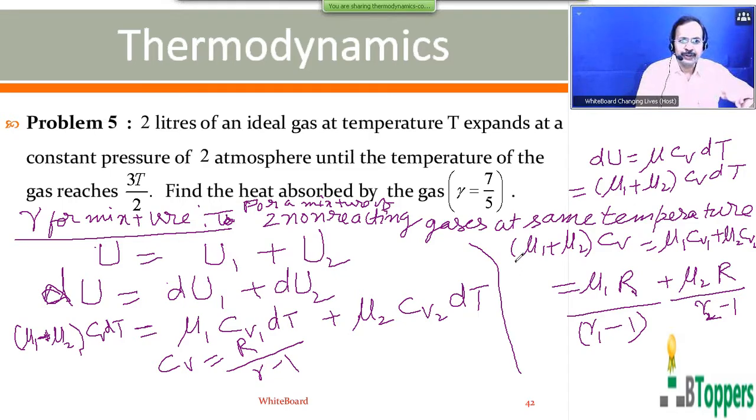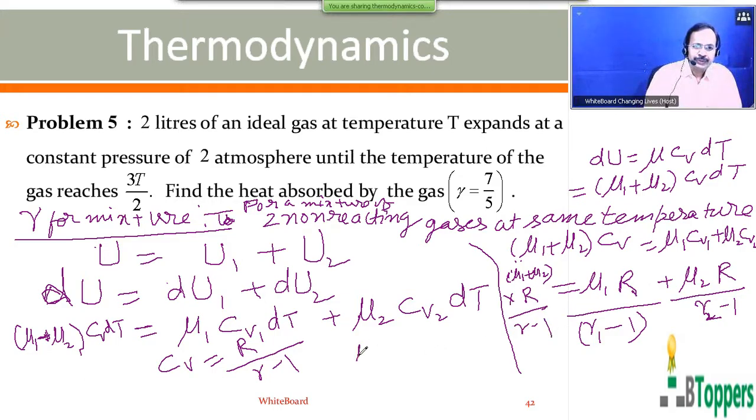On the left hand side, you have nu1 plus nu2 into CV. That CV you can write as R by gamma minus 1. So R is a common factor and gets cancelled. So you get nu1 plus nu2 by gamma minus 1 is equal to nu1 by gamma1 minus 1 plus nu2 by gamma2 minus 1.